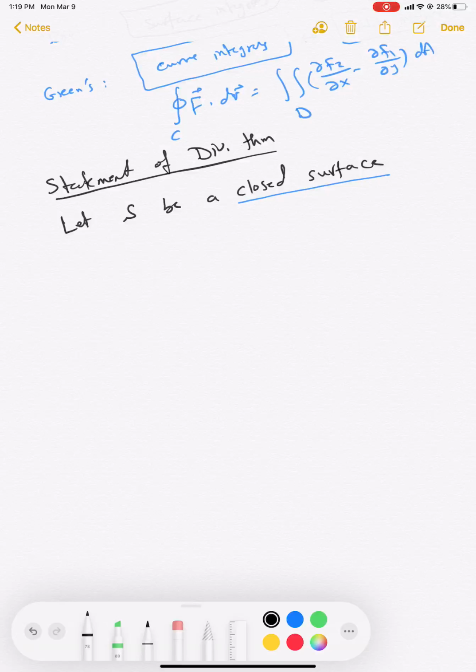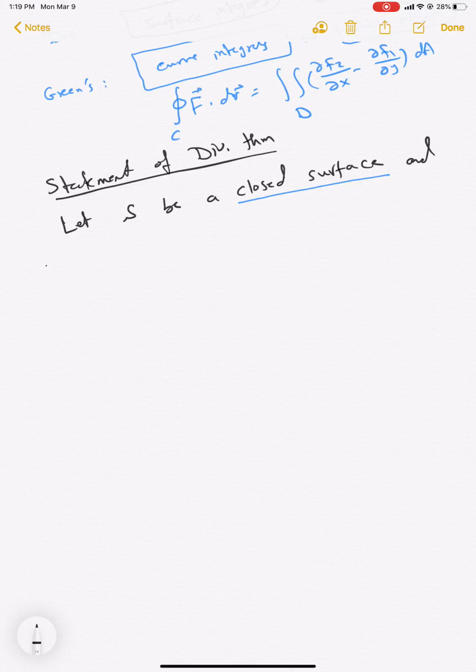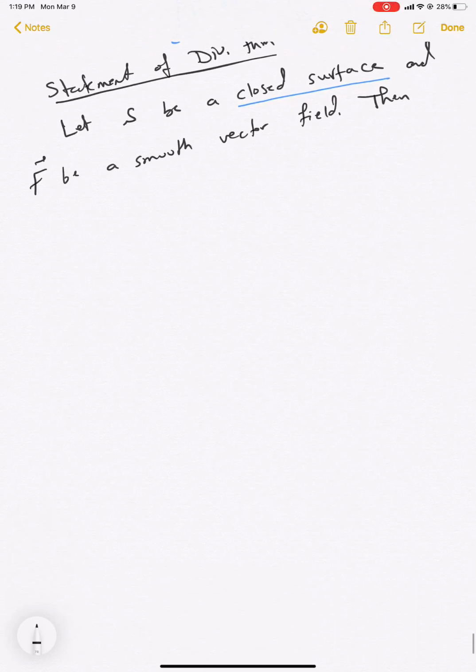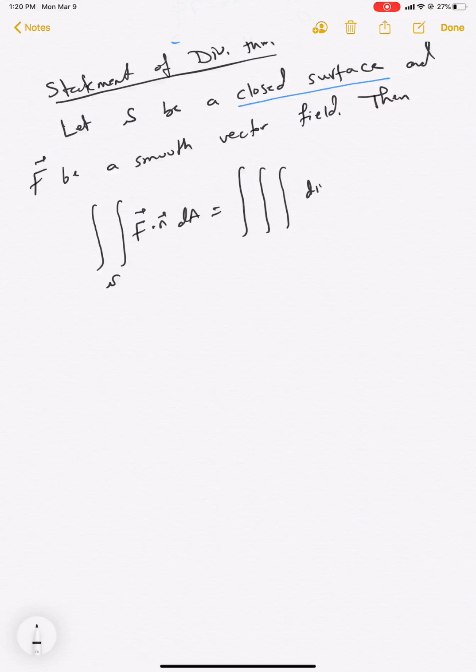So if S is a closed surface and F is a smooth vector valued function, then the divergence theorem says the surface integral of F dot n dA is equal to the triple integral of the divergence of F dV.